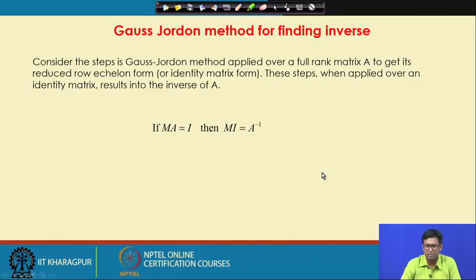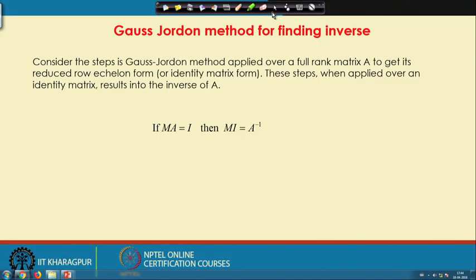If MA = I, then MI = A inverse. So M is a matrix multiplier here, which is basically the matrix multiplier of matrix operations or steps of matrix operation. Different matrix operation steps, combining exchange of rows, subtracting one row from others, dividing all the elements of one row by a particular scalar, are applied on the matrix A, and the same are applied on an identity matrix I. Finally, I will be transformed to A inverse.